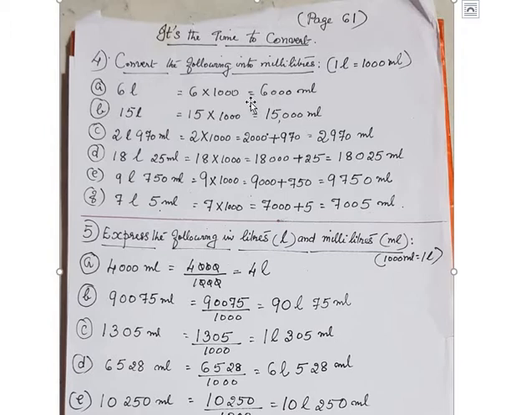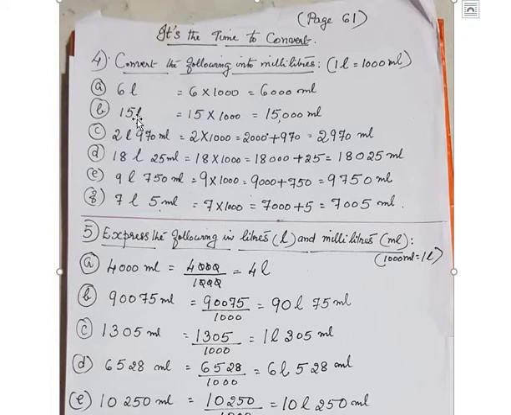You have already studied how to multiply with zeros. How many total zeros are there on the right side? And 1 sixes are 6. So the answer is 6000 ml. When you copy the answer 6000 ml, I have given the method here for how you got it.